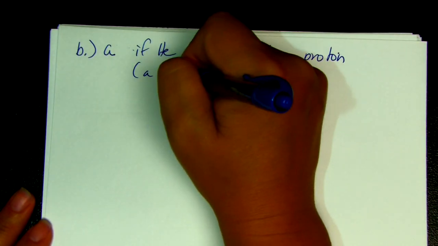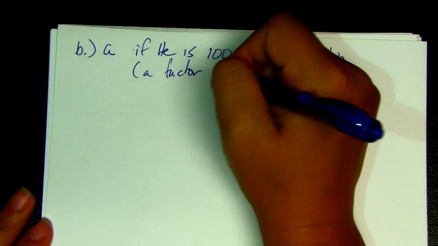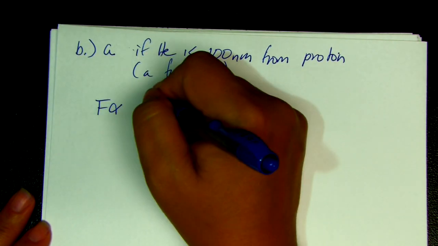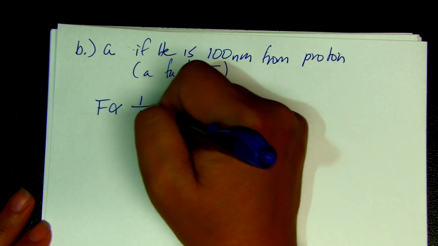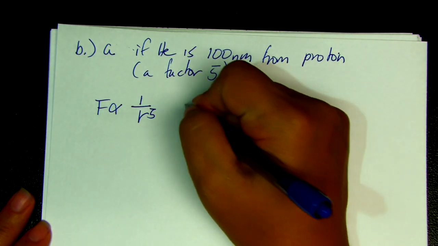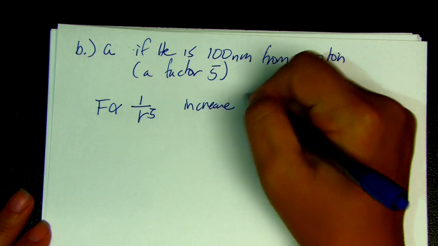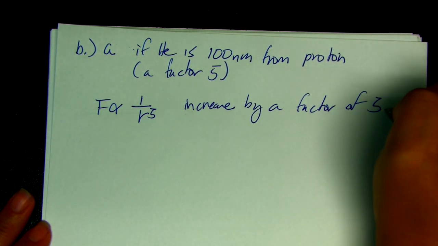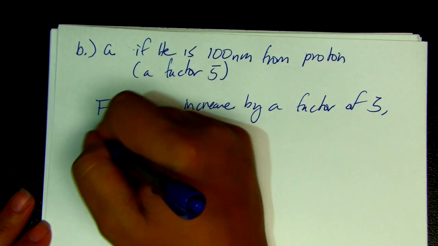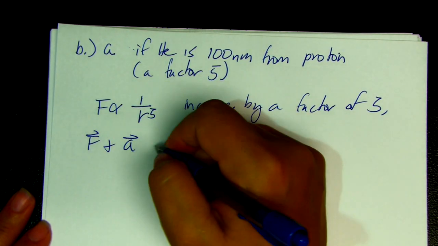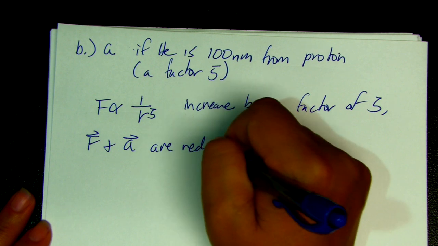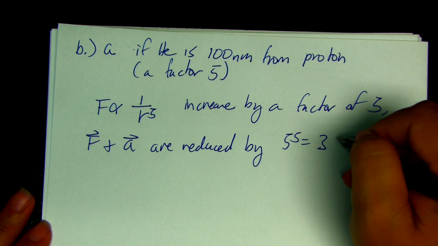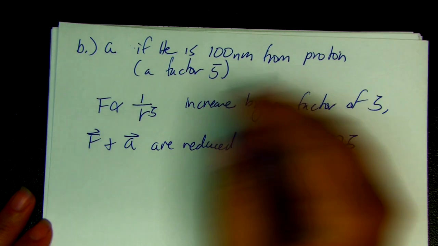So a factor of 5. Since the force is proportional to 1 over r to the 5th, if you increase r by a factor of 5, the force and the acceleration are reduced by 5 to the 5, which is 3,125.